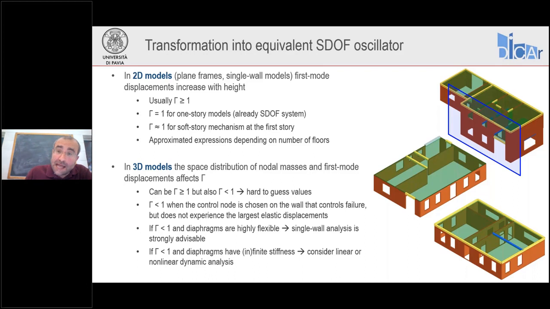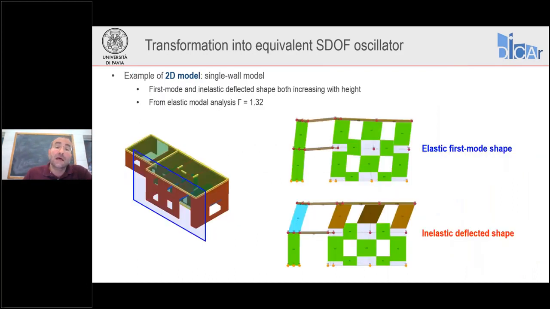So let's see a few examples of when these situations may arise. Let's start with an easy case, a 2D model. Here you can see the elastic first mode shape and the inelastic deflected shape for the wall highlighted by the blue plane on the left-hand side figure. We can do a single wall analysis in this case because the diaphragms are considered to be flexible. So we extract this wall, we analyze.